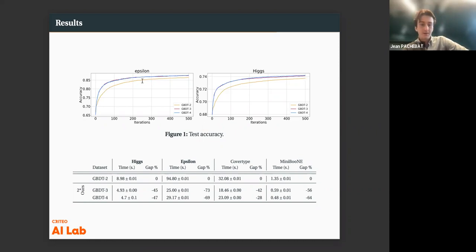I think the time acceleration is pretty proportional to the iteration acceleration. So we would have probably around a 50% complexity reduction in the model. Okay, cool.